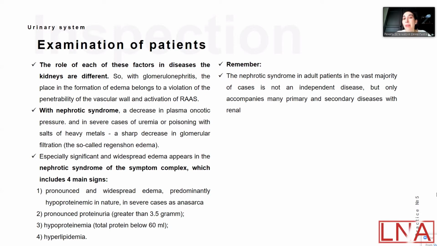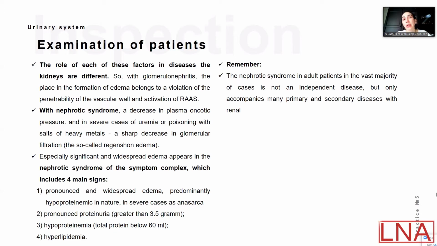What we have to remember is that nephrotic syndrome in adult patients in the vast majority of cases is not an independent disease, but only accompanies many primary and secondary diseases with renal disorders. We can separate nephrotic syndrome into primary and secondary.